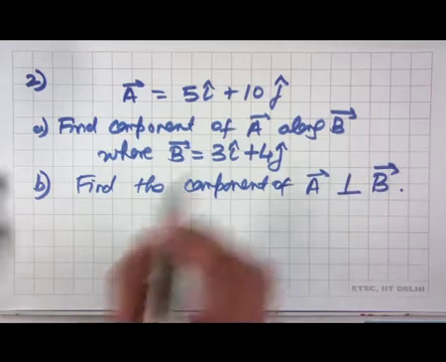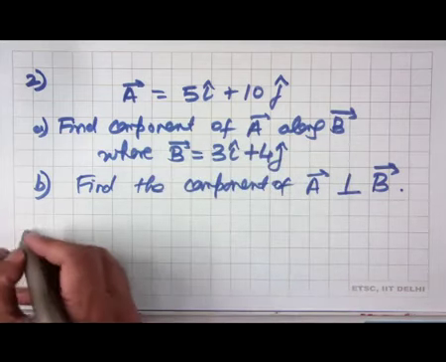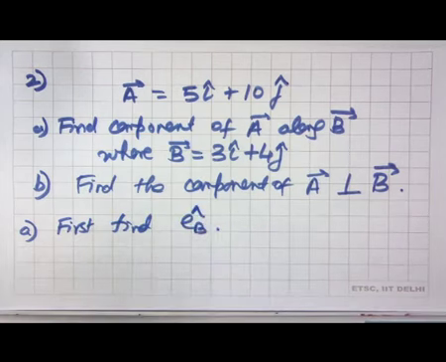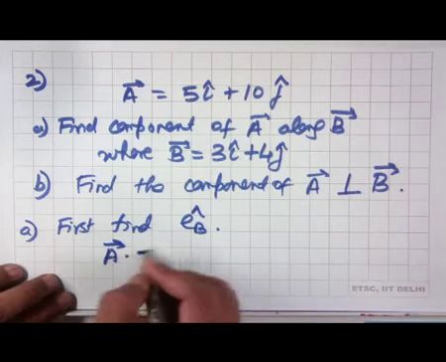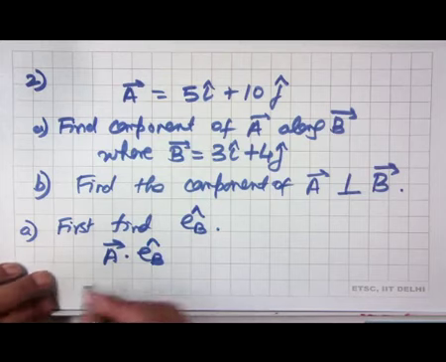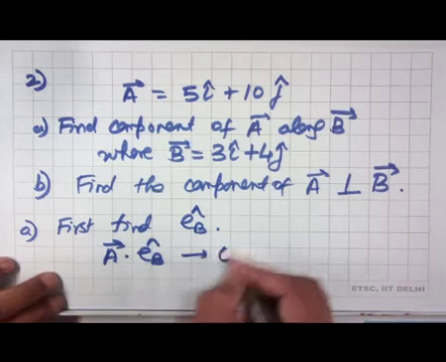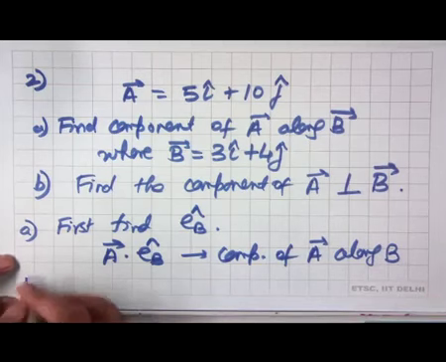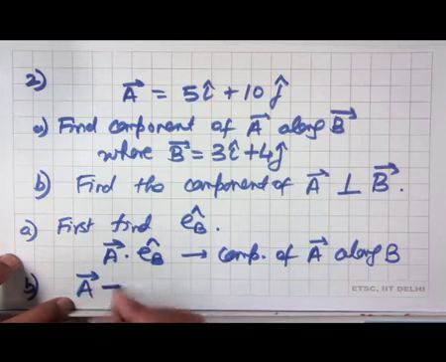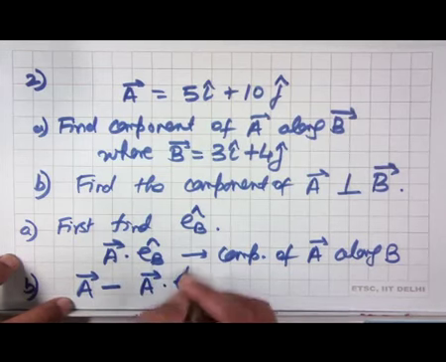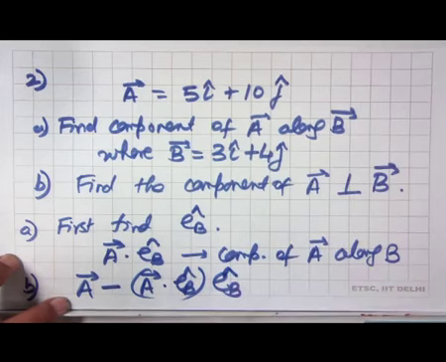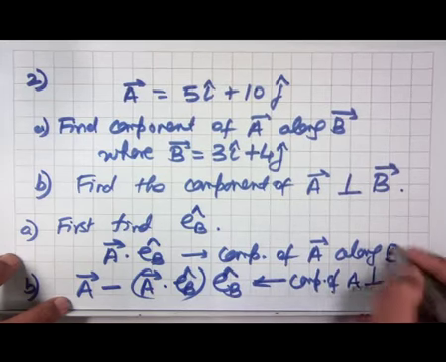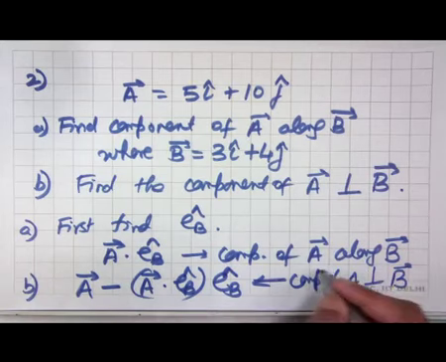So, here since we have to find the component of A along B, for part A, first find the unit vector EB, and then we take vector A dotted with EB, and as we have explained earlier, this will be the component of A along B. To find the second part, we take vector A minus A dotted with EB times the unit vector, and this will be the component of A perpendicular to B. So, this is how one can work it out.